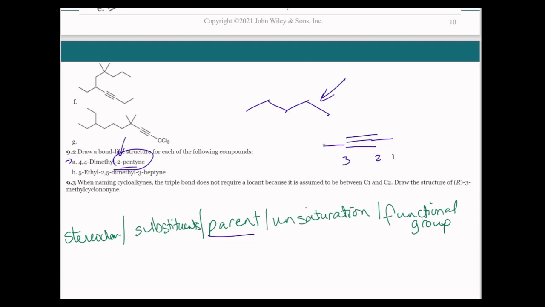So that's also linear, and then we can begin to bend when we add the next carbon. So this would be 4, 5, okay? And the rest of the molecule is 4,4-dimethyl, meaning we have 2 methyls at carbon 4. So that is the way we would draw this molecule.